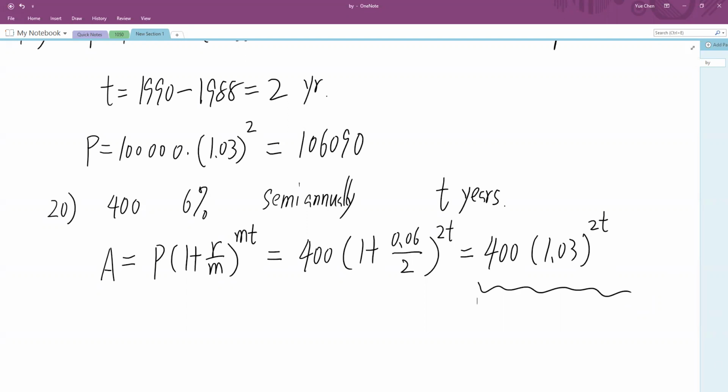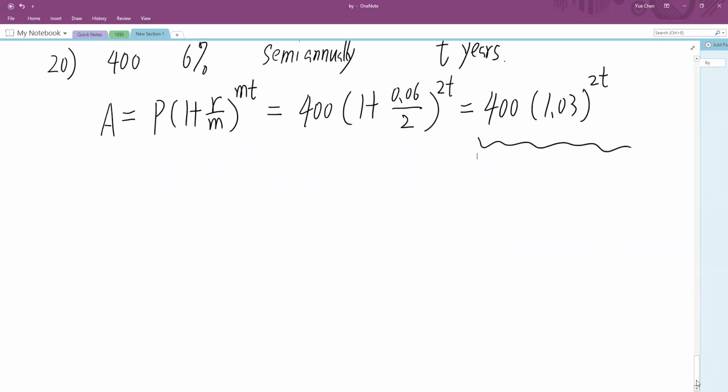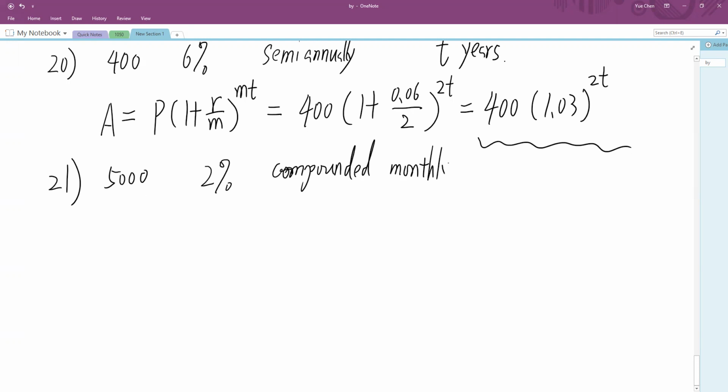So this is number 20. 21. Suppose $5,000 is deposited in a savings account that earns 2% compounded monthly. What is the value of the account at the end of 5 years? Compound interest, this formula again.